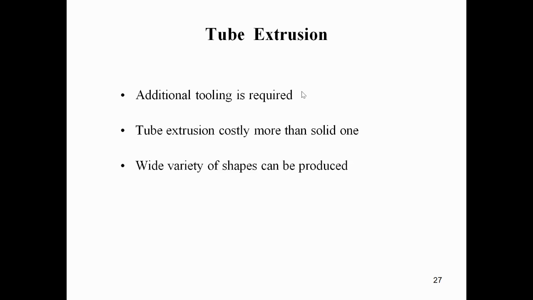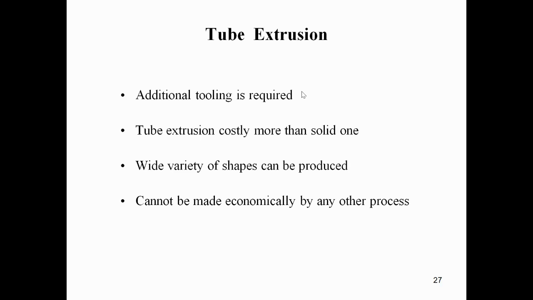But a wide variety of shapes can be produced that cannot be made economically by any other process. So that is tube extrusion, and the last one is impact extrusion.